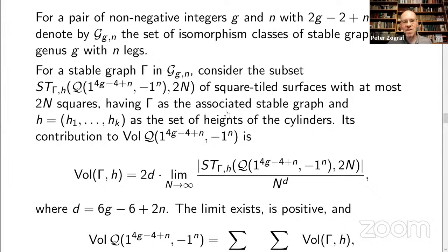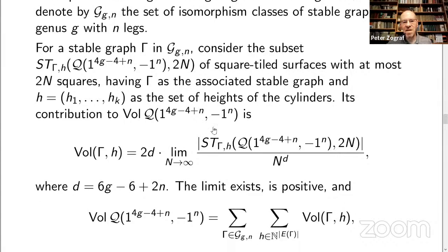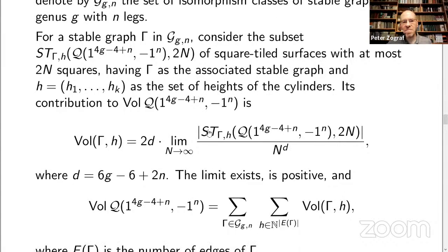and h as the set of heights of the cylinders. Its contribution to the volume of the principal stratum is given by the limit, when n tends to infinity, of the number of square-tiled surfaces with the associated stable graph gamma and the set of heights h, built of at most 2n squares.